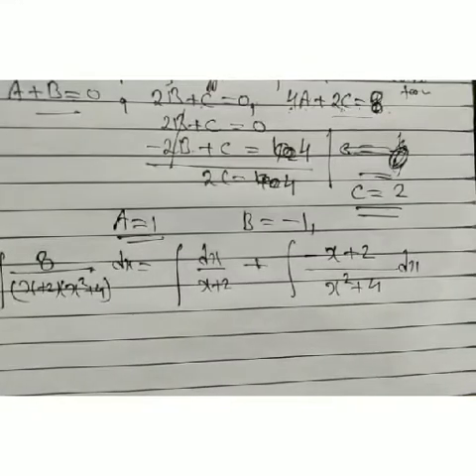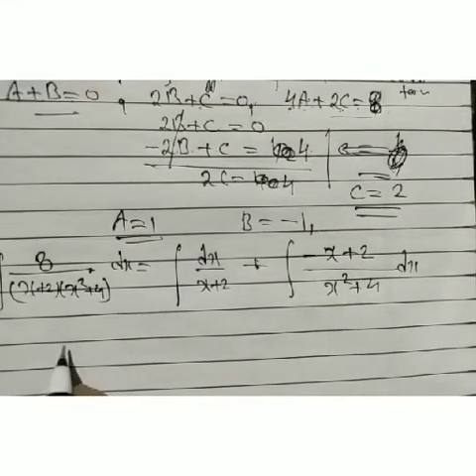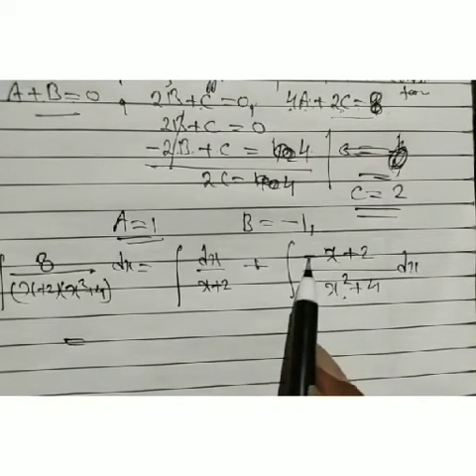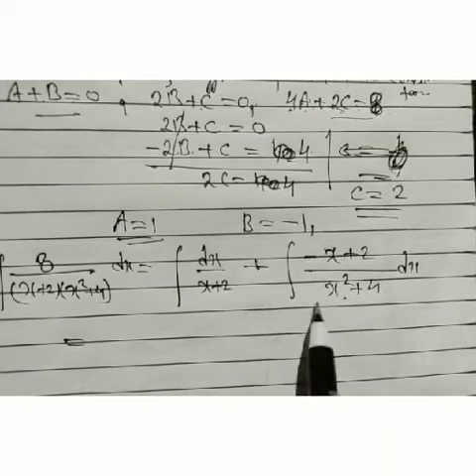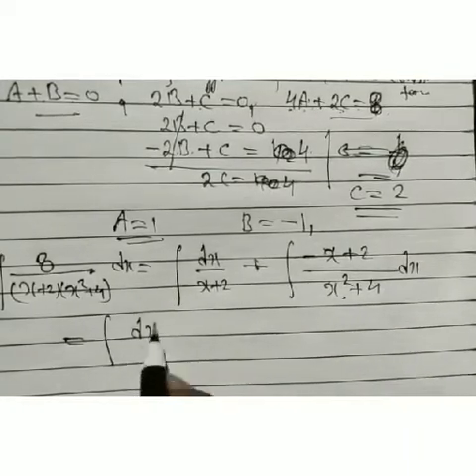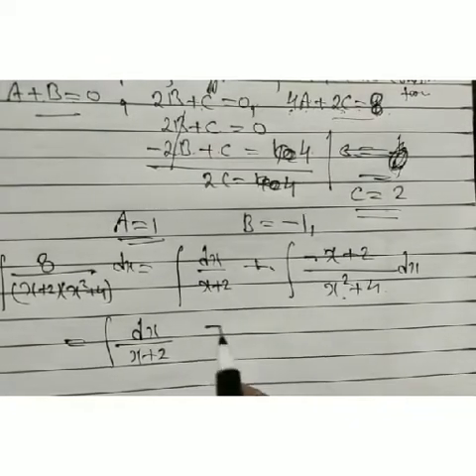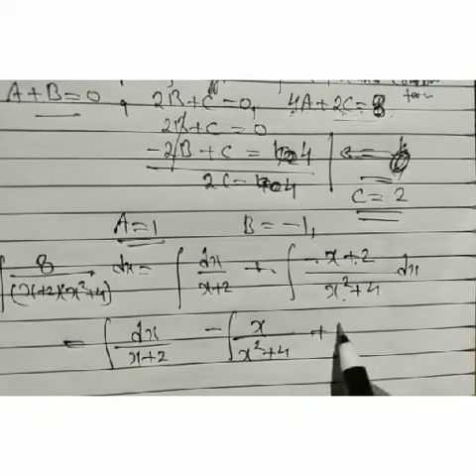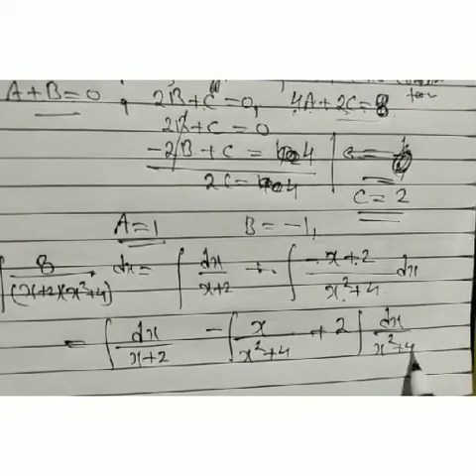Now look, what we do, we are just going to write it in two parts: minus x upon x square plus 4 one time, and then 2 upon x square plus 4. Again, integral dx upon x plus 2, minus integration of x upon x square plus 4, plus 2 times integral dx upon x square plus 4.